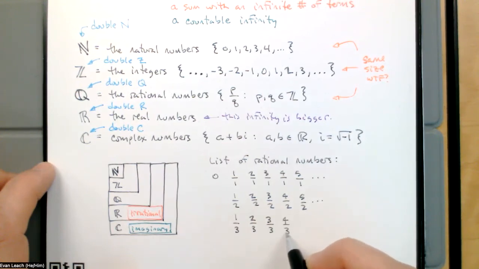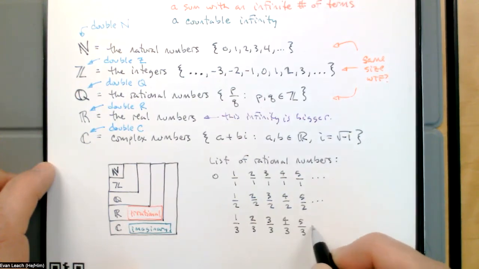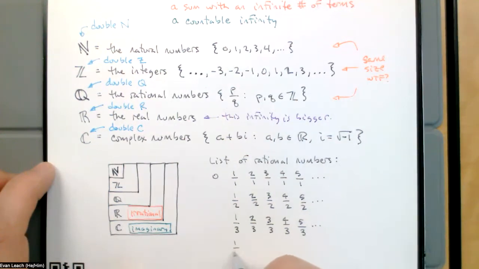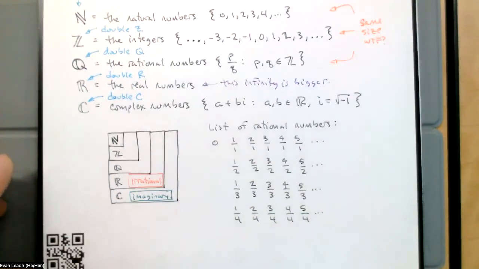Now we're doubling up a lot here, so we should get rid of any copies. Anything that is equal to something we've already listed, we can get rid of.